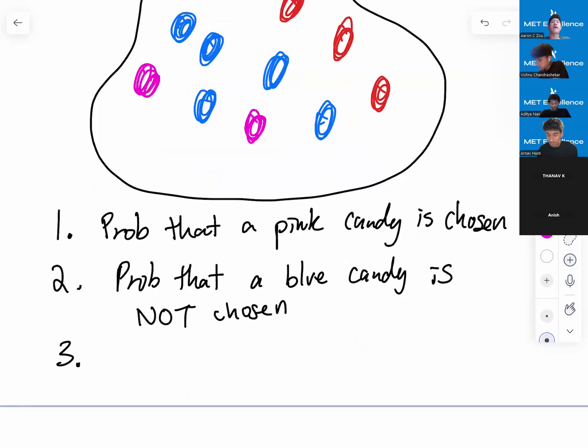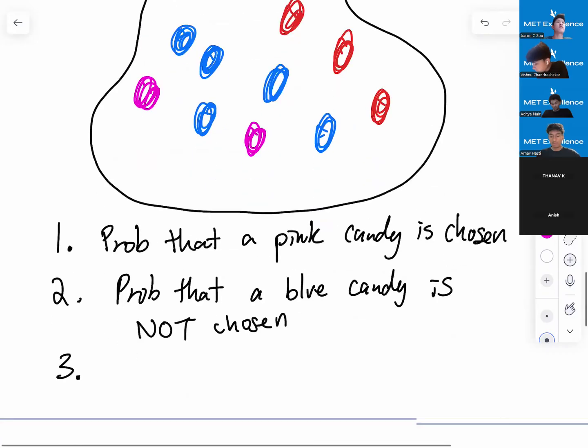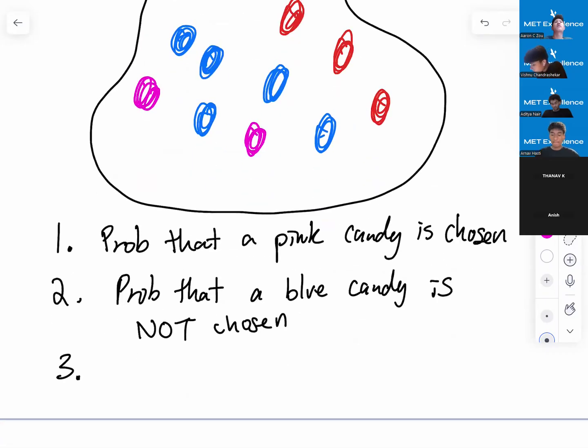Once you're done with that, go ahead and move on to the second question. So now let's say that I take the candy back from my friend and I put it back in the bag. So that means the total amount of candies doesn't change. And now I want you to find the probability that a blue candy is not chosen.